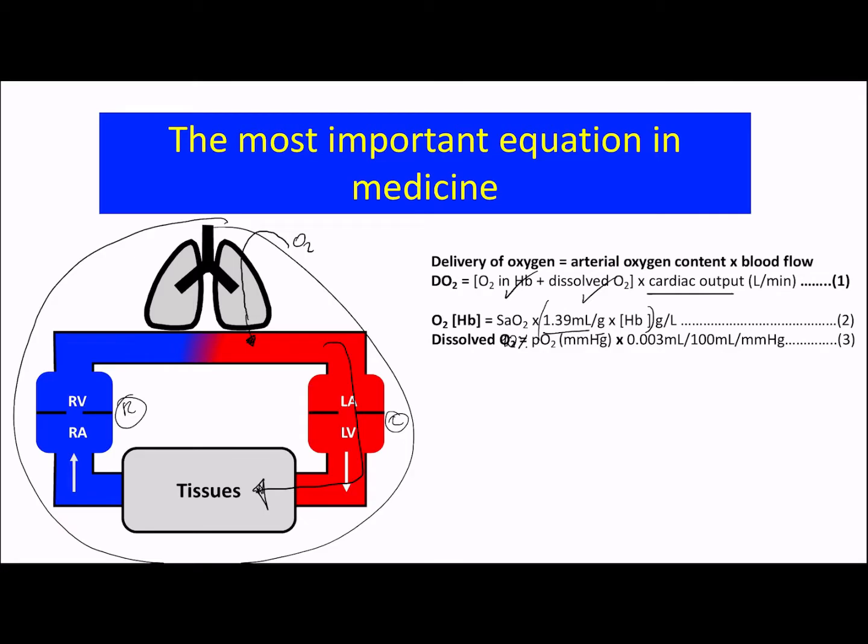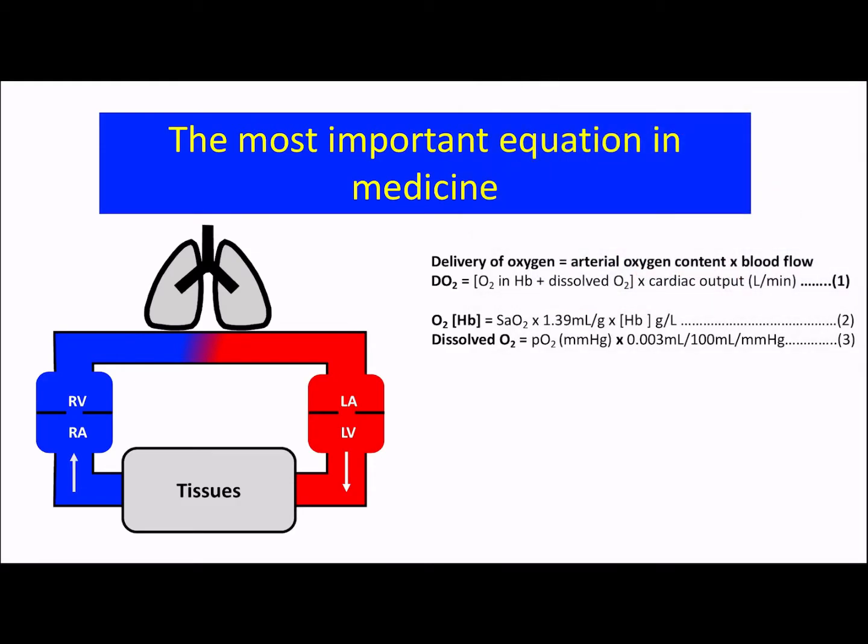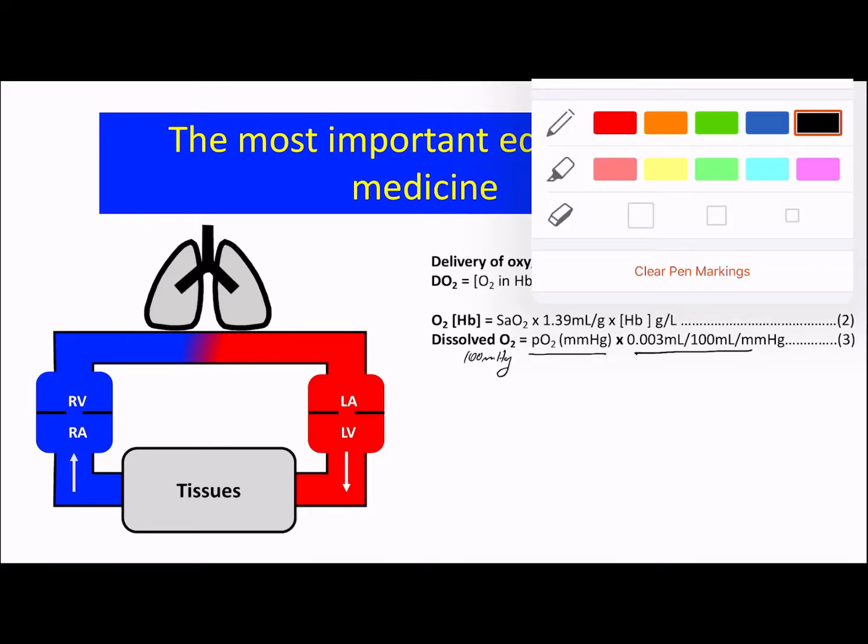Now, what about the dissolved oxygen? Well, the dissolved oxygen is simply the partial pressure of oxygen. Remember, room air, it was 100 millimeters of mercury, times the solubility coefficient. Again, very minimal.